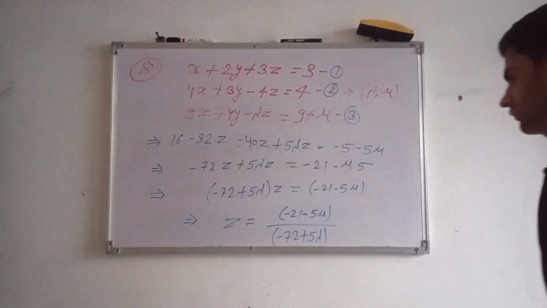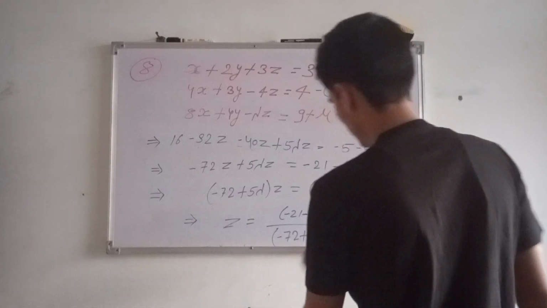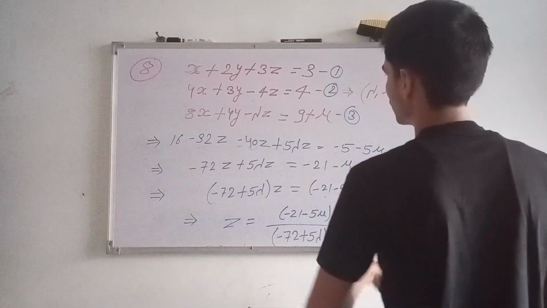This is what we have got for z, and it is saying that it has infinitely many solutions. That can happen when z is 0 by 0, so both are 0.